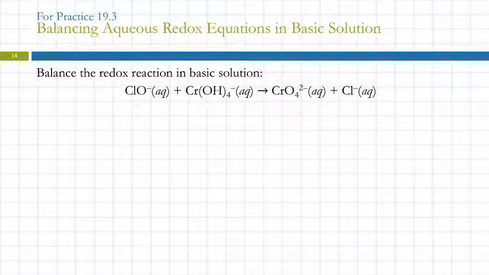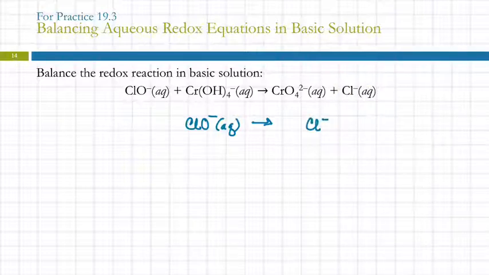Do one more example. Balance this one in basic solution. So I'm going to do this fairly quickly. We're going to take this and split it into 2 half reactions. So we've got the hypochlorite ion, and that must be turning into the chloride ion.